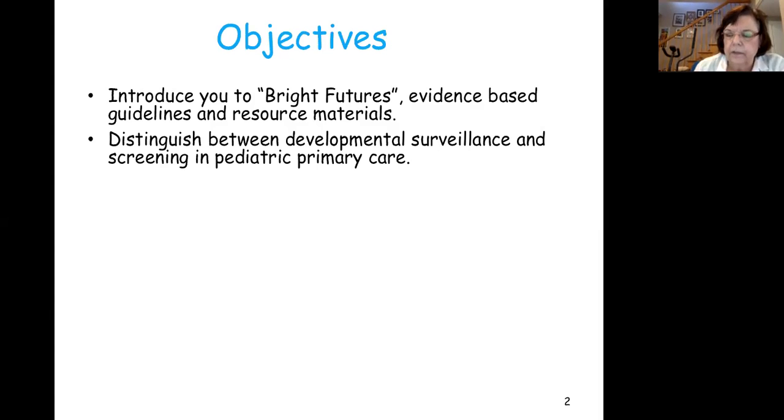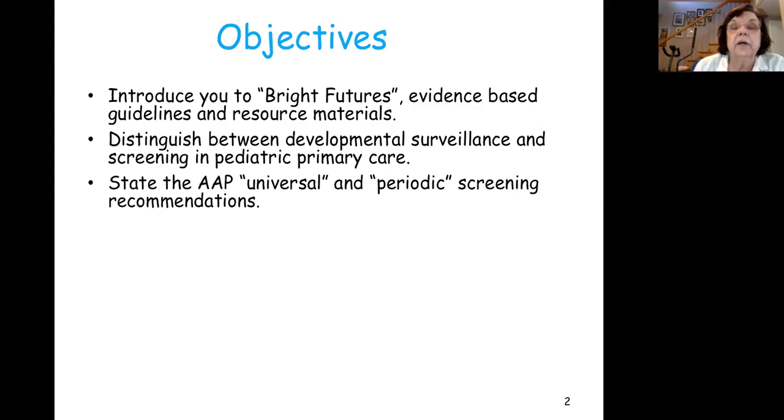But at one point, this information was not provided in the same format, I think, with the PEDS primary care. So I want to distinguish between the terms developmental surveillance and developmental screening as it's used in pediatric primary care.